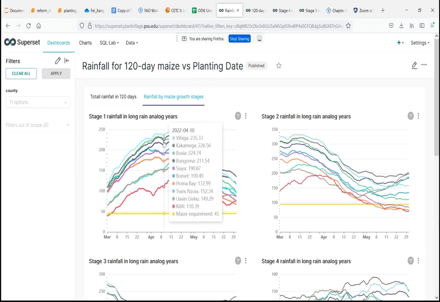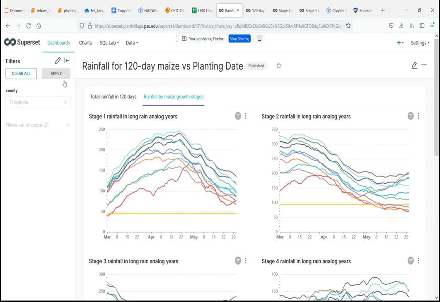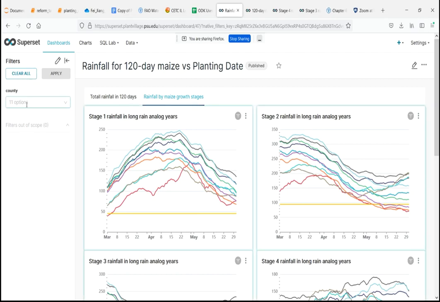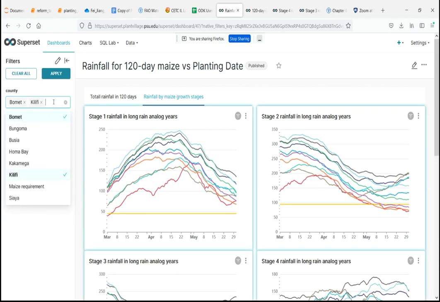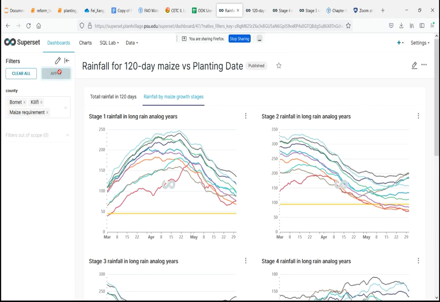The second trick is you can use the filter function on the left side of your browser to filter out the counties you don't want, and only keep the counties you are interested in. For example, if I am only interested in Beaumont and Cliffy, and I also want to see the water requirement by maize, I can choose only these 3 series and then click apply.